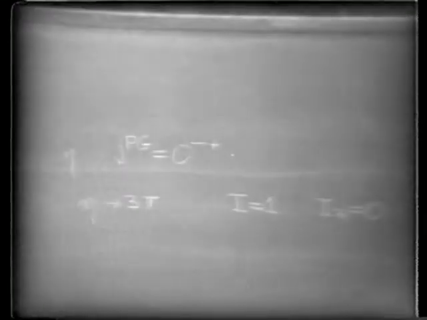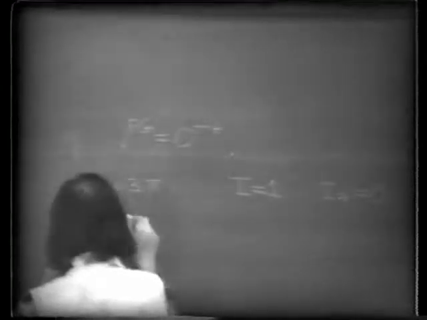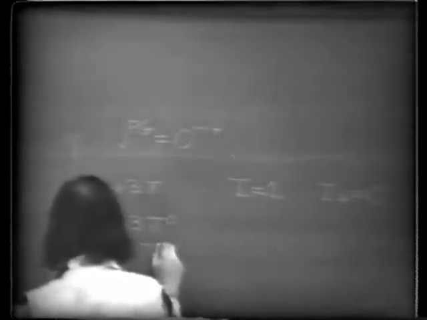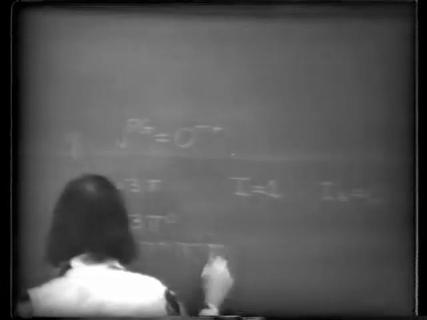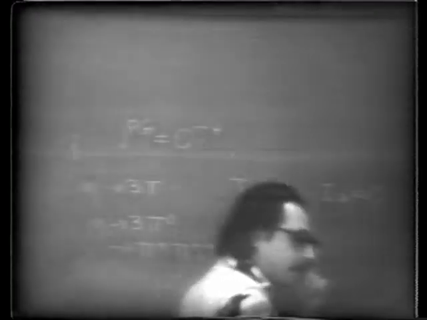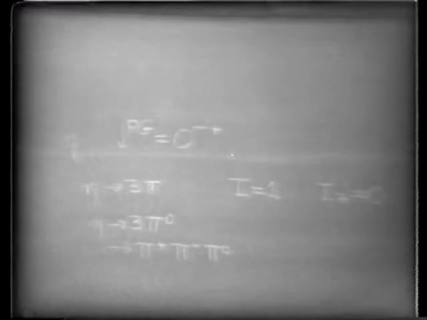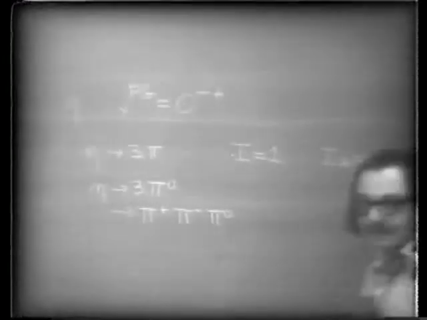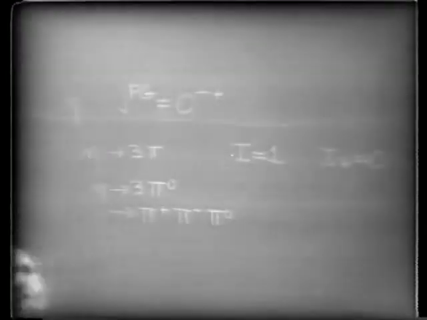This enables us to connect the decay eta into 3 pi naught and eta into pi plus pi minus pi naught by a little isospin Clebsch-Gordan analysis, and I'd like to look at that process in some detail just so you get some idea of what sort of restrictions this sort of analysis makes.